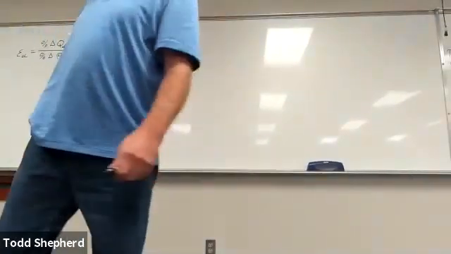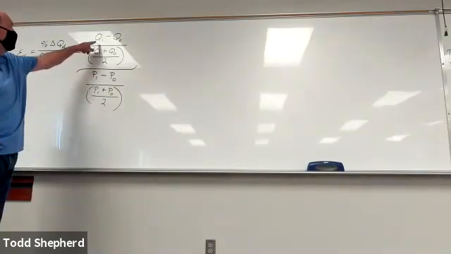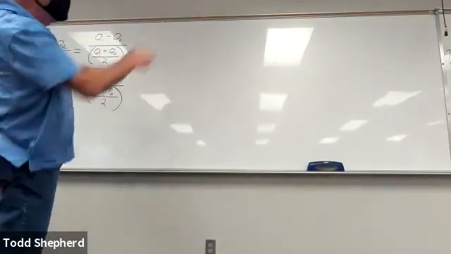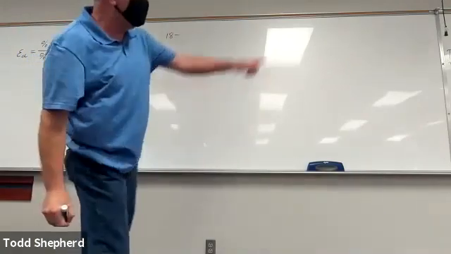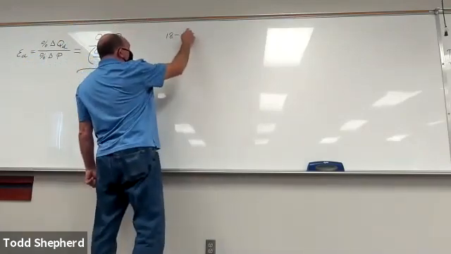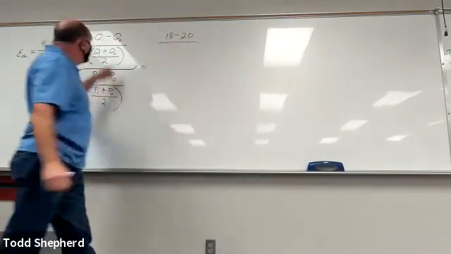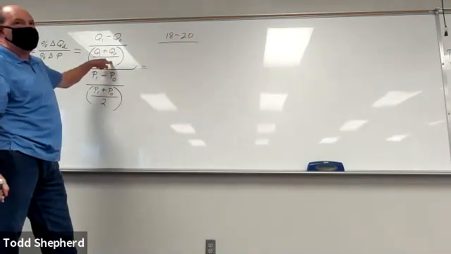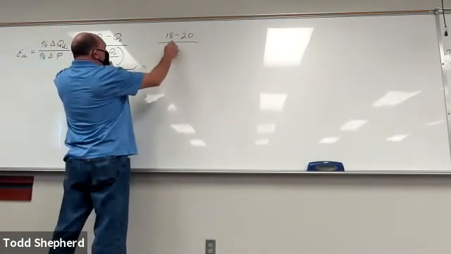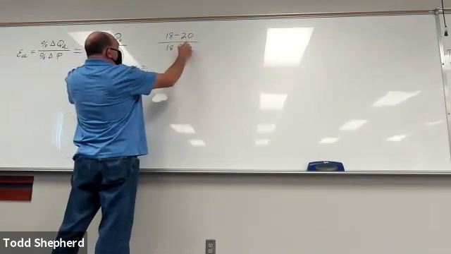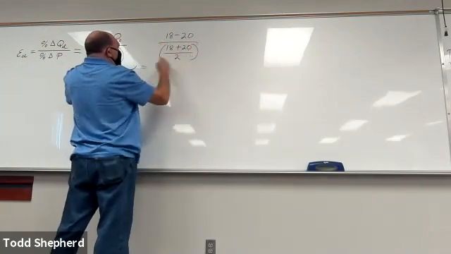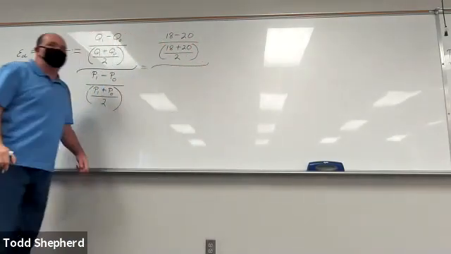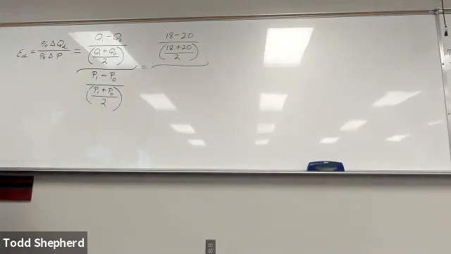So if we start plugging numbers into this, we have Q1, which is 18, minus Q naught, which is 20. Divided by, in the denominator, Q1, which is 18, plus Q naught, which is 20, divided by 2. And again, make sure you leave that in parentheses. Everybody good so far?